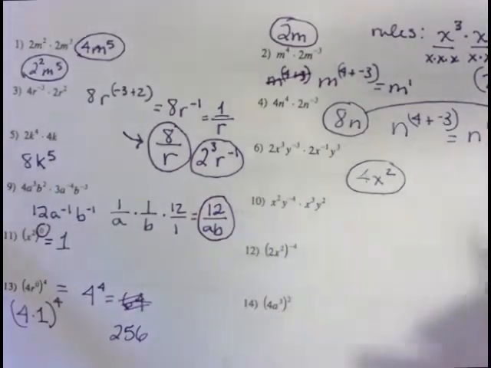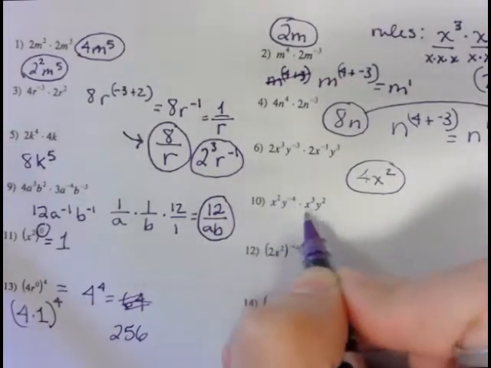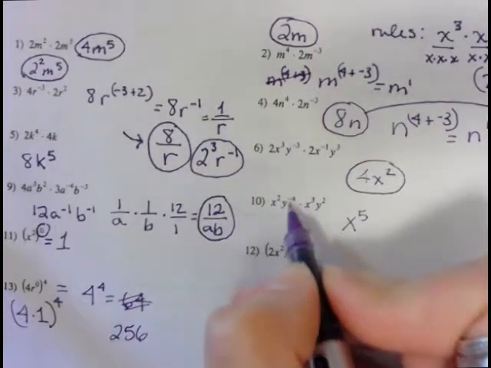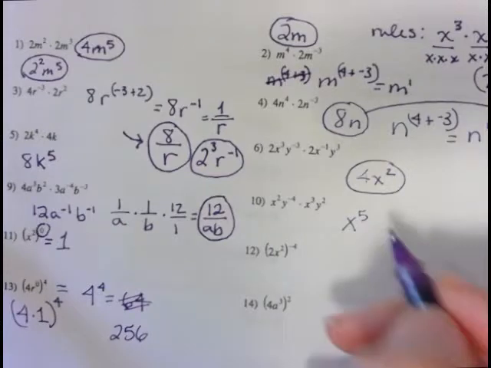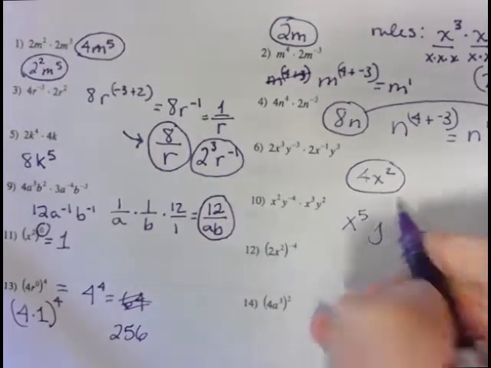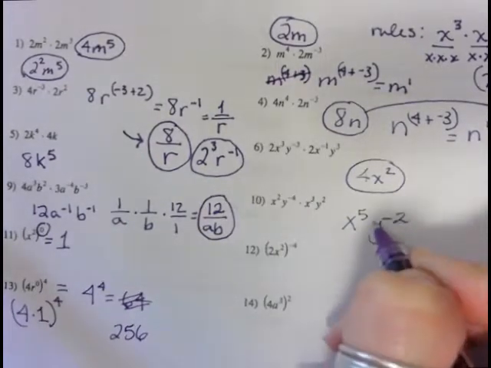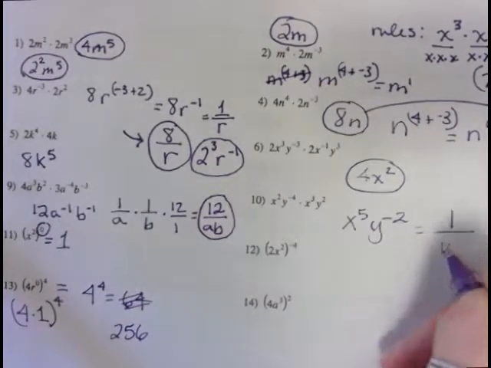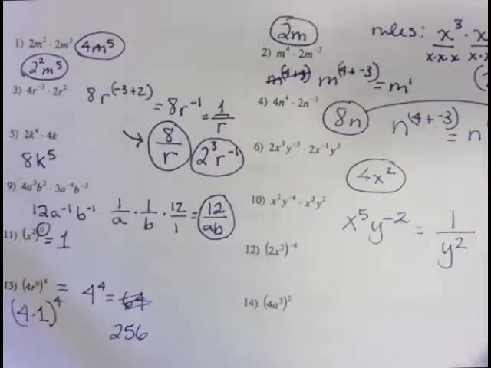Last one. No, not last one. Next one. X squared times x cubed is x to the 5th. Y to the negative 4 times y to the 2nd is y to the negative 2. But we don't want to leave a negative exponent. We know that y to the negative 2 is 1 over y squared.